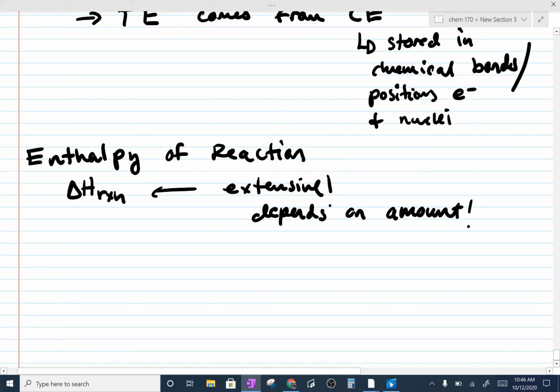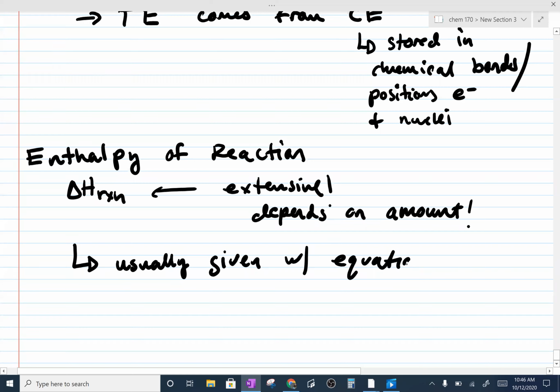Because it's extensive and because it's specific to particular chemical reactions, delta H reaction is almost always given with respect to a specific stoichiometric chemical equation. Okay, so it's usually given with a specific equation.